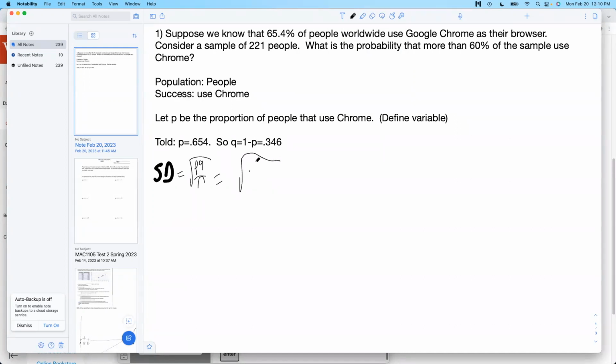Make sure you know how to type this into your own calculator. N here is the sample size, 221. All right, so we type that in our calculator.